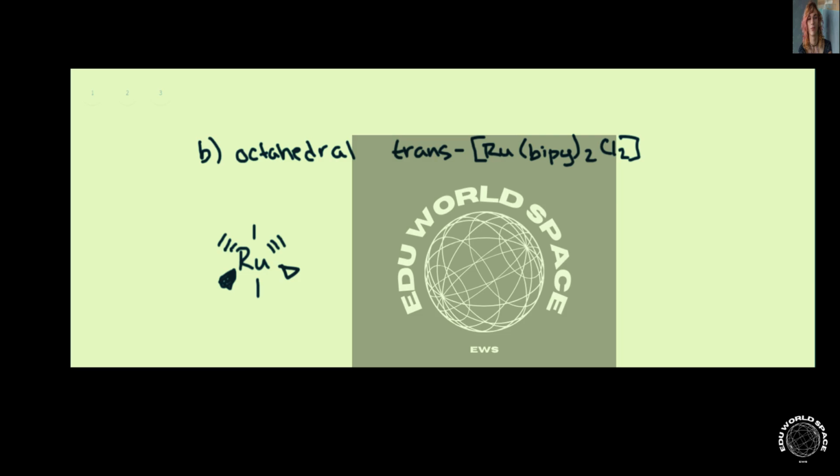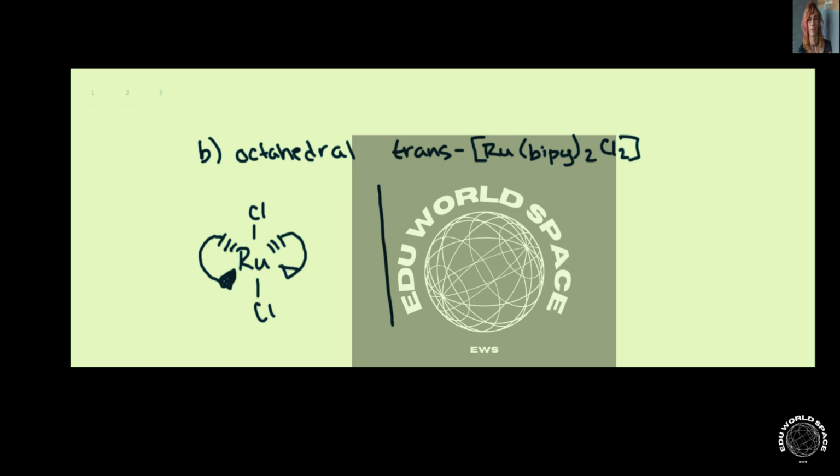Now this is the trans isomer, so that's going to put these two bipyridines, which I'm going to draw using just the line going across, on opposite sides of each other, and again the chlorines on opposite sides of each other as the trans structure.